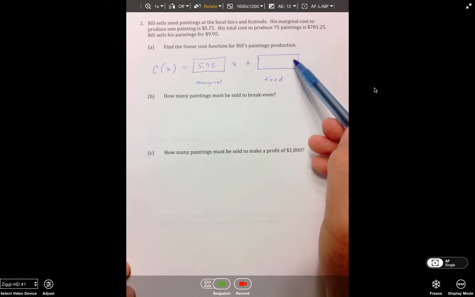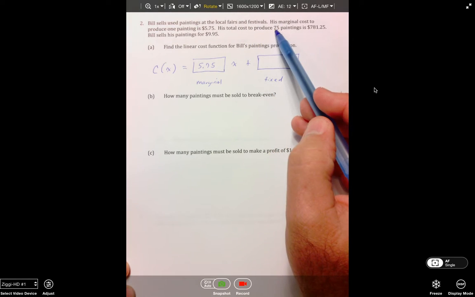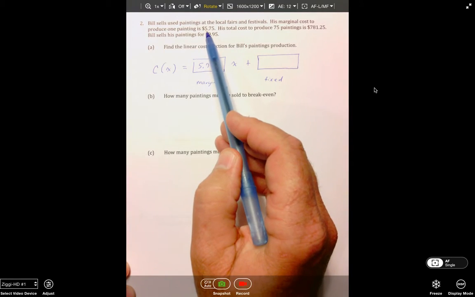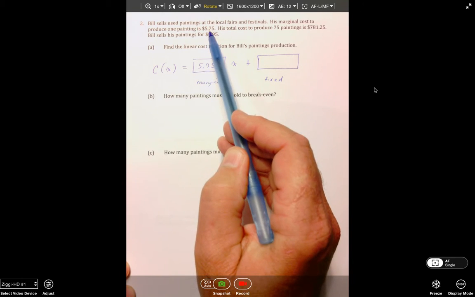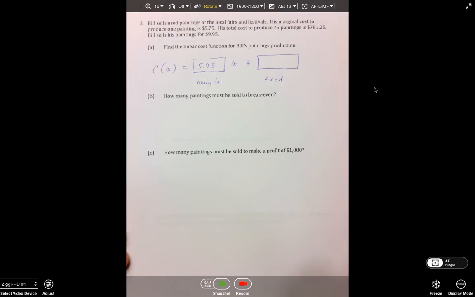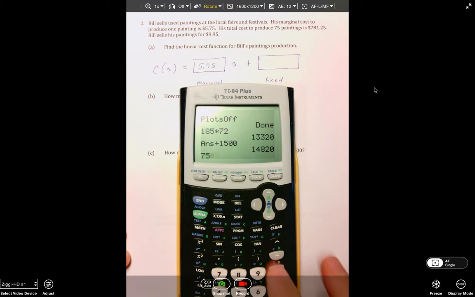I can also use a little bit of insight to come up with the fixed cost, because I know to produce 75 paintings it cost Bill $781.25. It costs $5.75 per painting. So for 75 paintings, he has $431.25 in the marginal cost component.